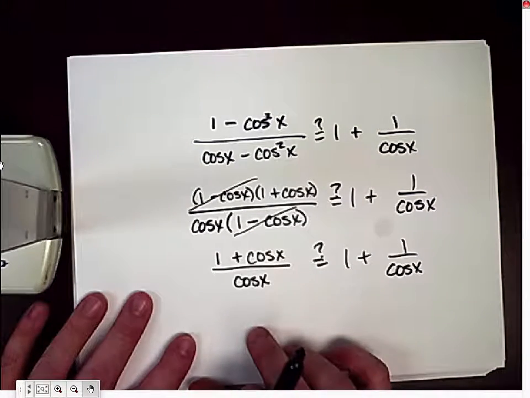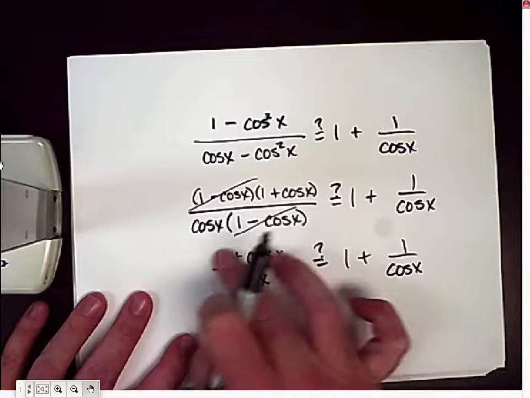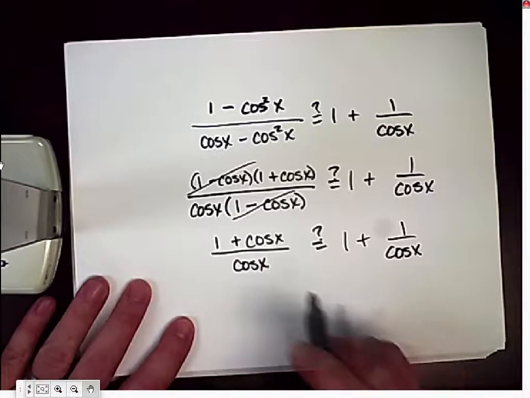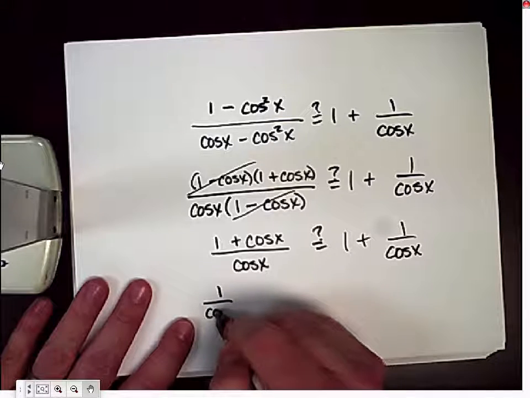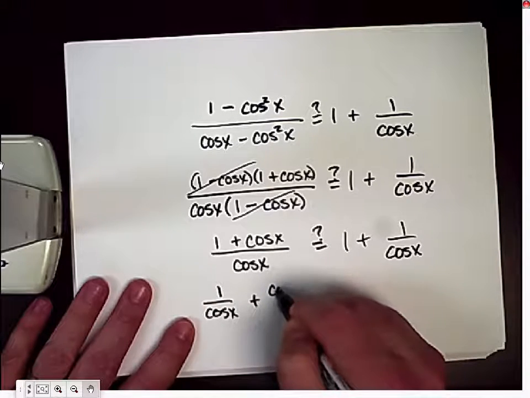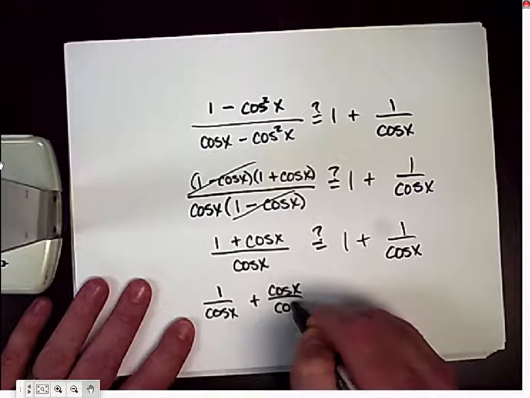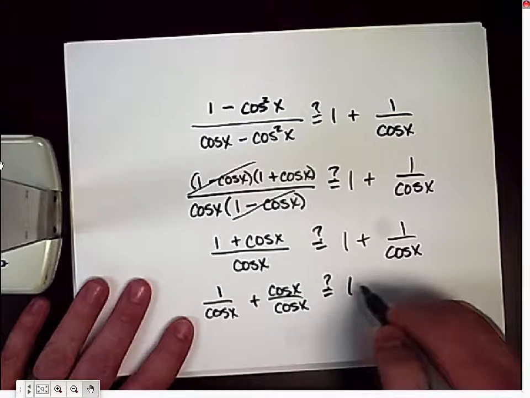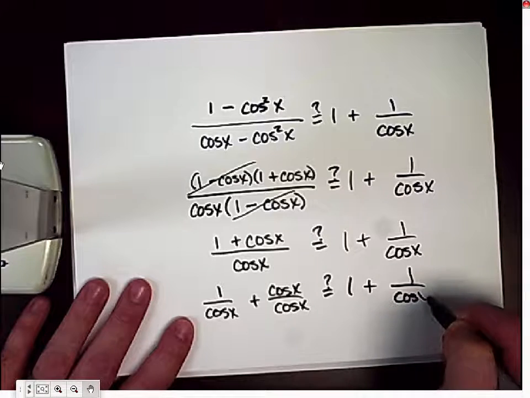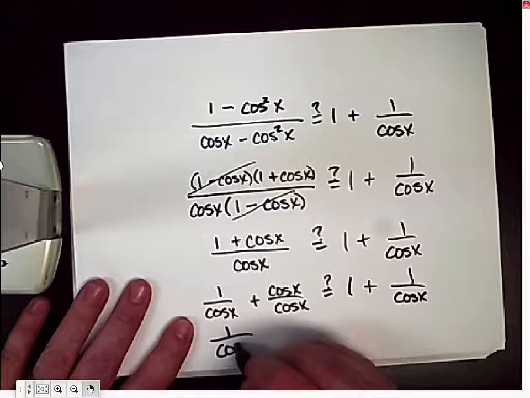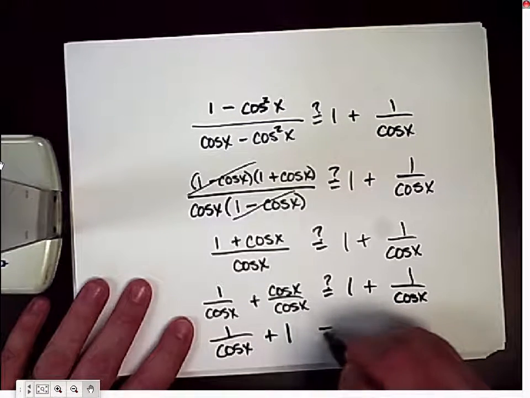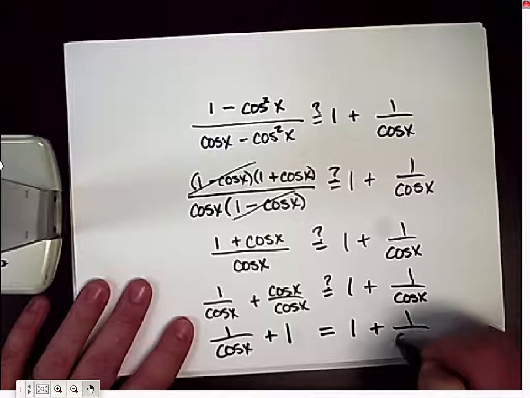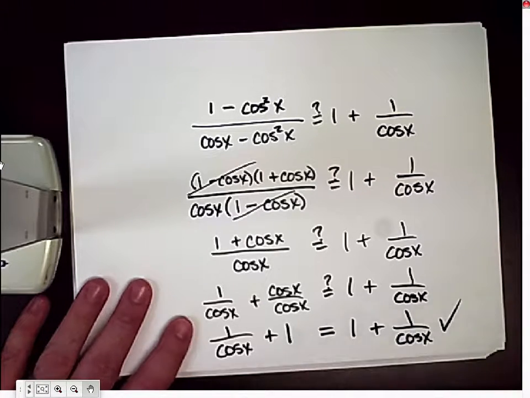Anytime you've got a complicated numerator over a simple denominator, you could write this as 1 over cosine x plus cosine x over cosine x. Right? So that is 1 over cosine x plus 1, which equals 1 plus 1 over cosine x.